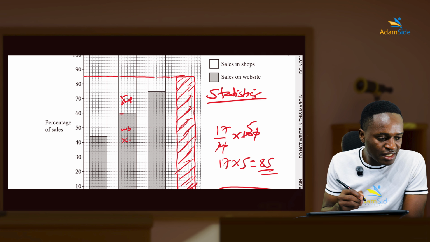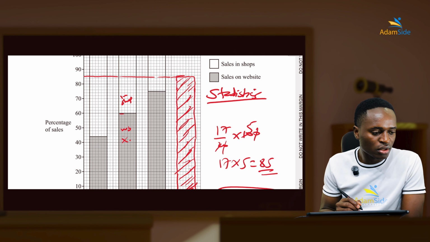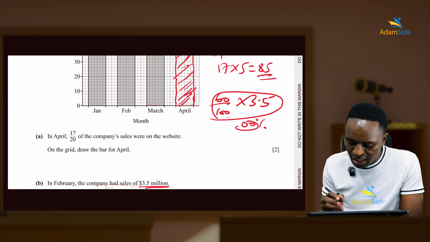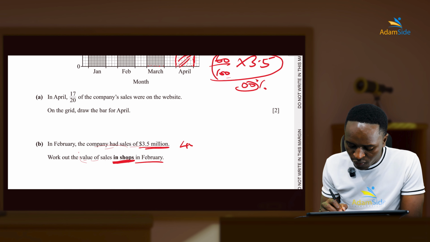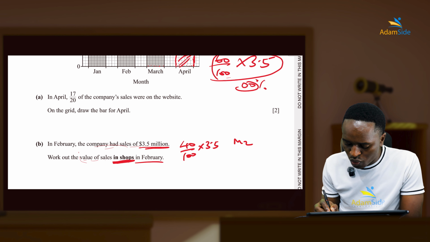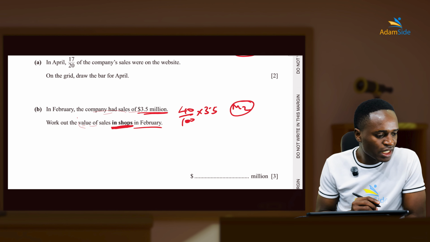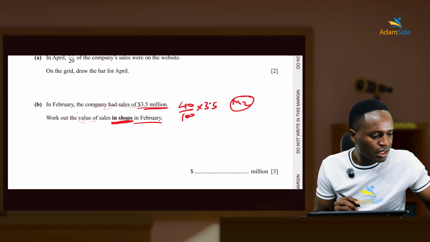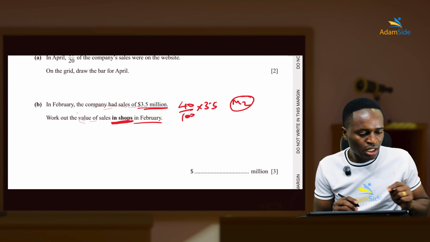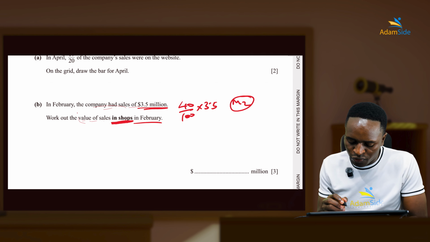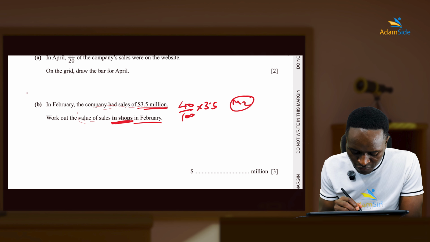So get the 40% of 3.5 million. 40 out of 100 times 3.5 million, there are 2 marks for that. And then what do you get in that case? 40 out of 100 times 3.5 million.